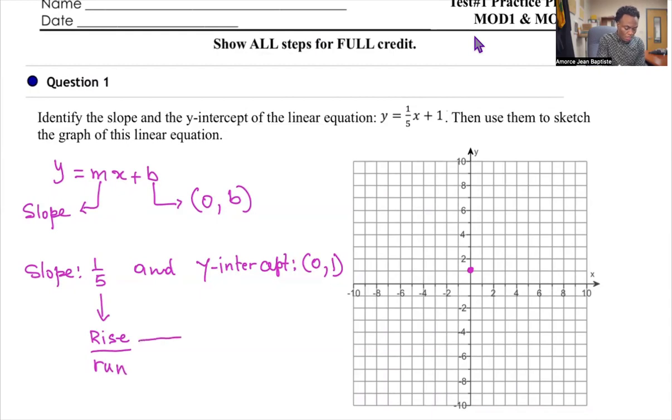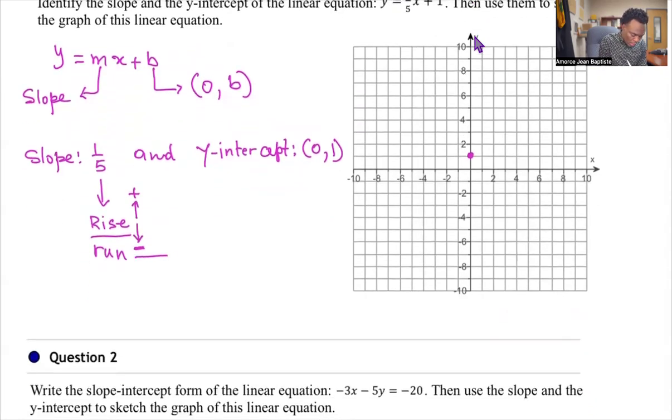Rise goes up if the value is positive, and rise goes down if the value is negative.